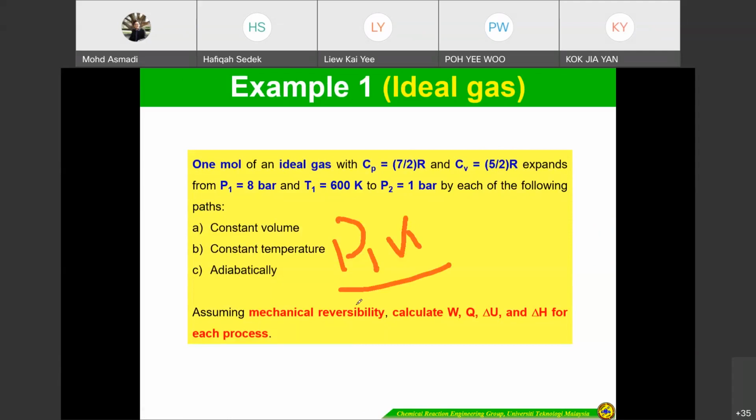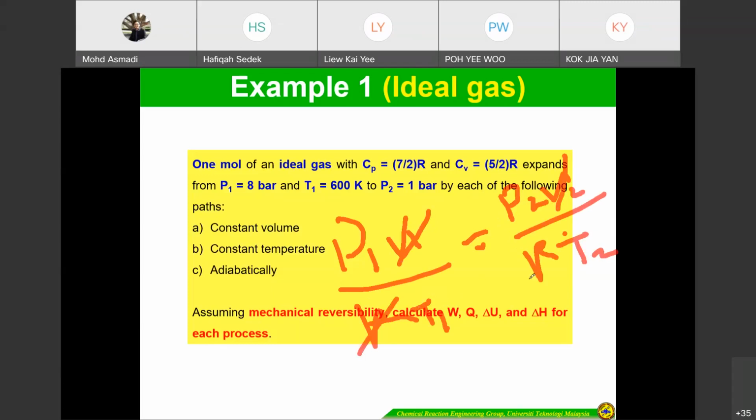P1 V1 equal to R T1, P2 V2 equal to R T2, because Z is going to be the same, right? So you can get the final temperature. The volume is going to be the same because it's constant volume. Right, R is the same. So you can calculate the temperature. What is the final temperature first?